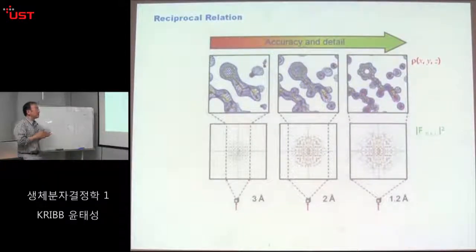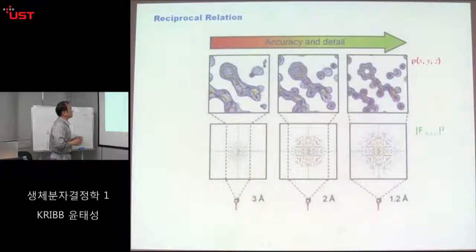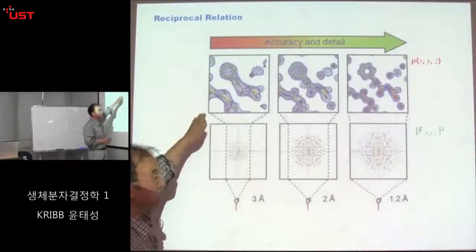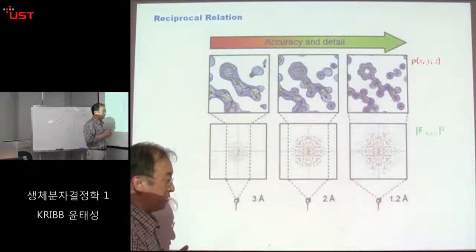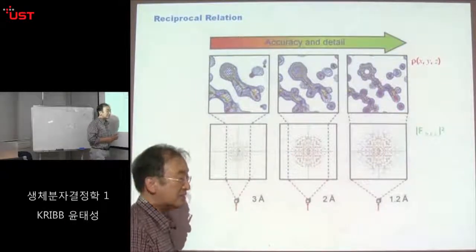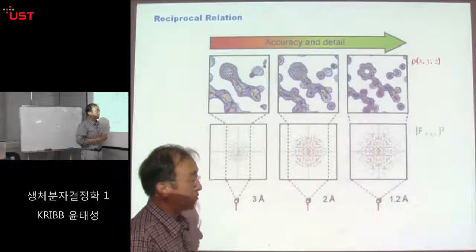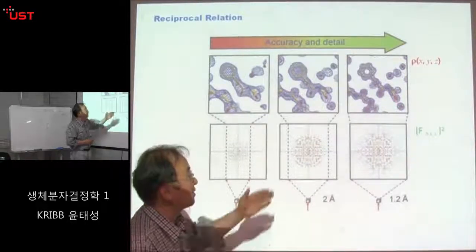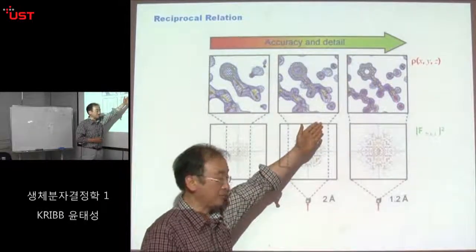So to know the differences in structure, it's okay to have this kind of crude image if you are interested only in folding. But if you are interested in a drug bound to a target protein, it's better to have higher resolution data.